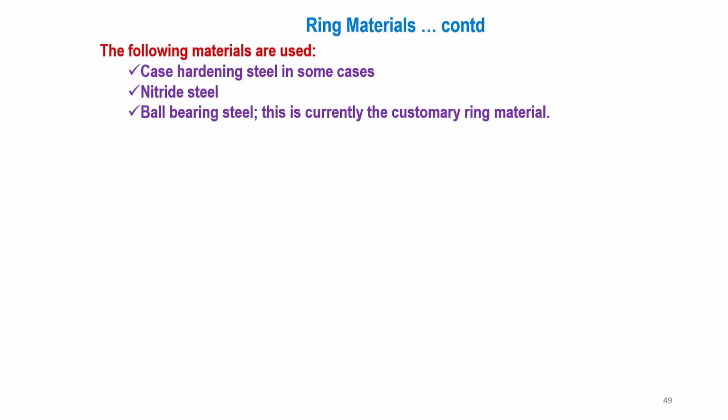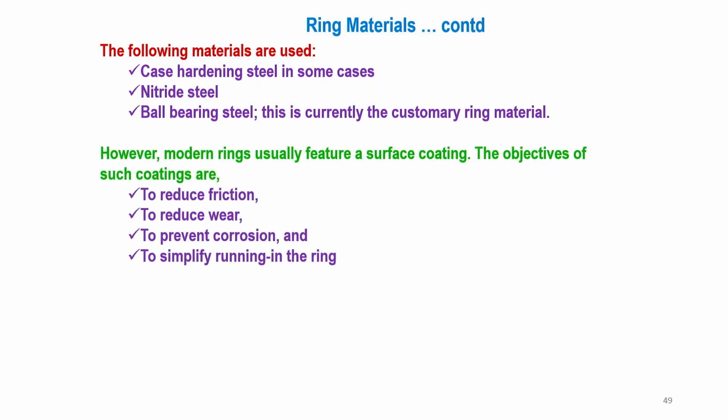The materials used for the ring include hardened steel and nitride steel. Modern rings usually feature a surface coating.